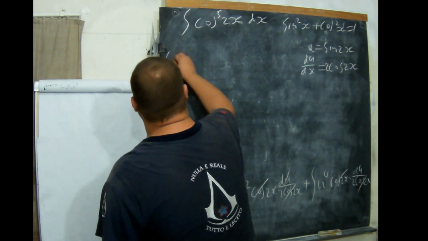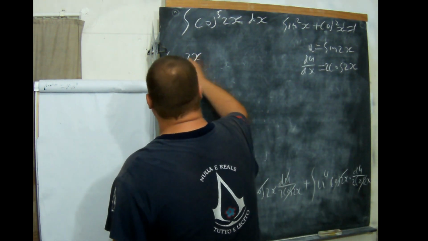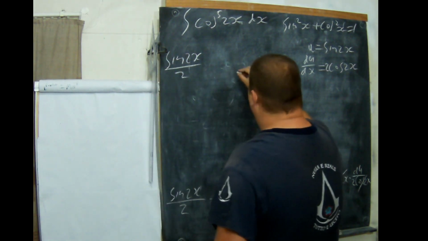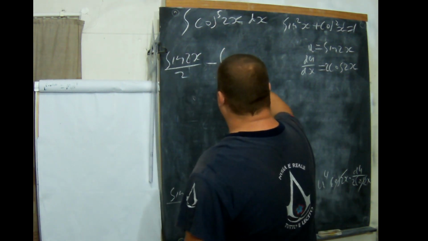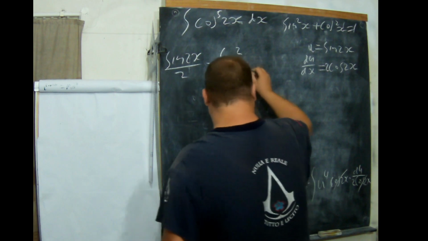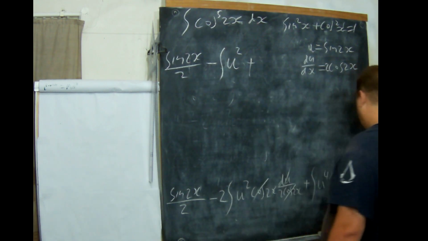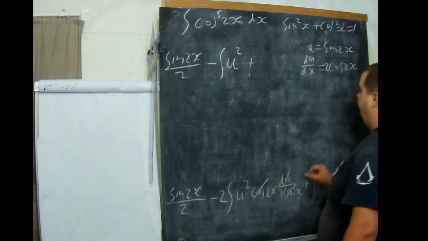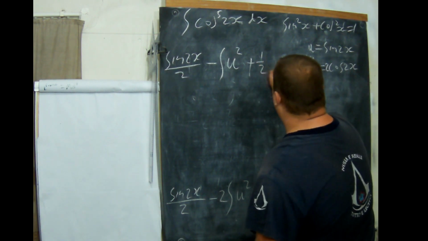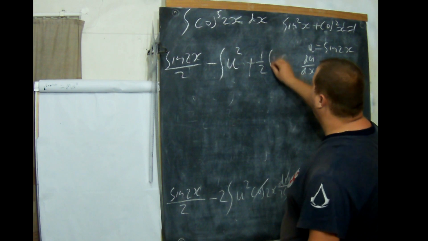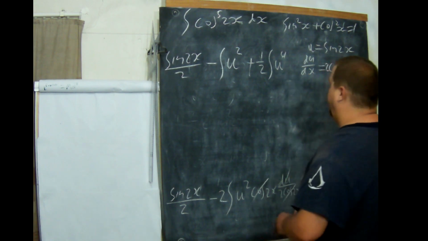So we are still left with a minus. So, sine 2x over 2 minus the integral of u squared plus, now that cancelled with that, we are still left with a half, so a half integral of u to the fourth.